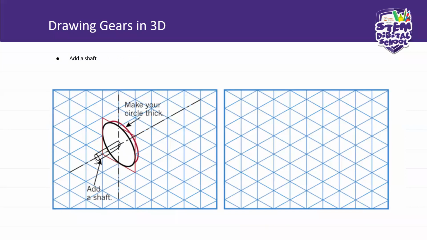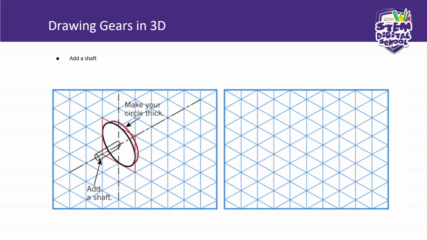And then you can add a shaft. When you add the shaft, you follow this line. You add the shaft along this line. This is the shaft for your gear, or the axle of your gear. You add it there. Okay, that's your gear.